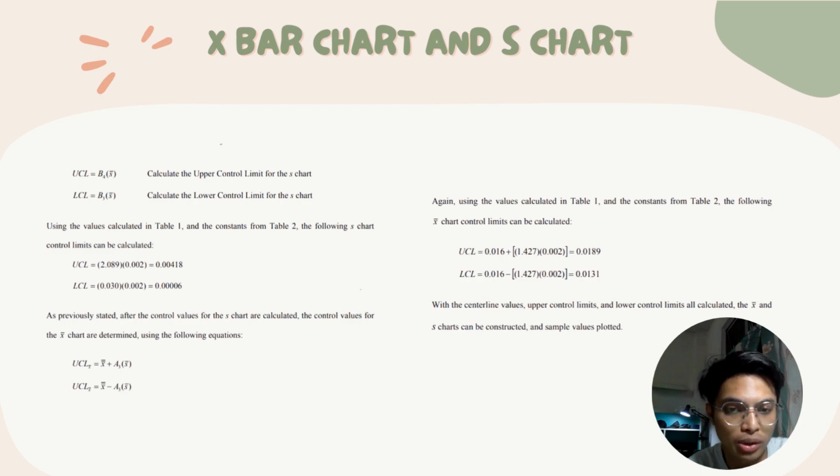And for the lower control limit, we get 0.016 minus, in the bracket, 1.47 multiplied by 0.002, we get 0.0131. So we get the upper and lower control limits of the X bar chart, with the centerline values and upper and lower control limits all calculated. The X bar and S charts can be constructed and plotted, and sample values can be plotted also.